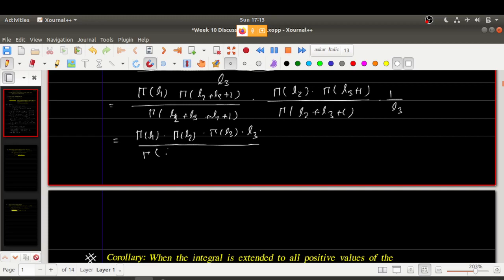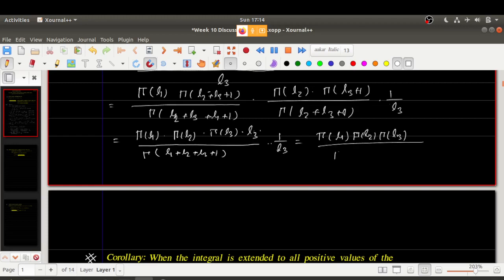Keep this one as it is, L1 plus L2 plus L3 plus 1, and in this term treat L2 plus L3 as n. Then gamma of L2 plus L3 plus 1 and gamma of L2 plus L3 cancel out, and this L3 will be cancelled out, and you get your result. This is what you had to prove.